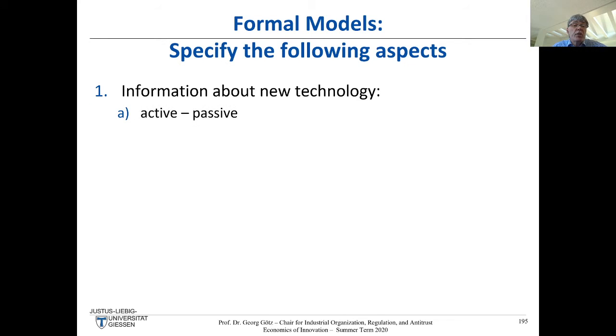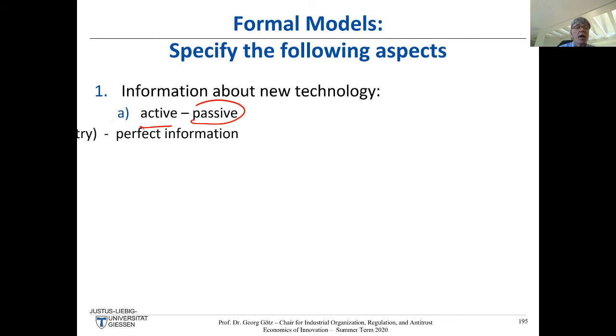One is whether the information about the new technology is active or passive. Active would mean you get the information only if you, for example, attend a trade fair or read trade journals and so on. Passive would be you are just a farmer in Ohio and you look onto your neighbors' farms, and if you see, oh, there's hybrid seed there, that would be passive. You don't do anything, you just see that by coincidence.